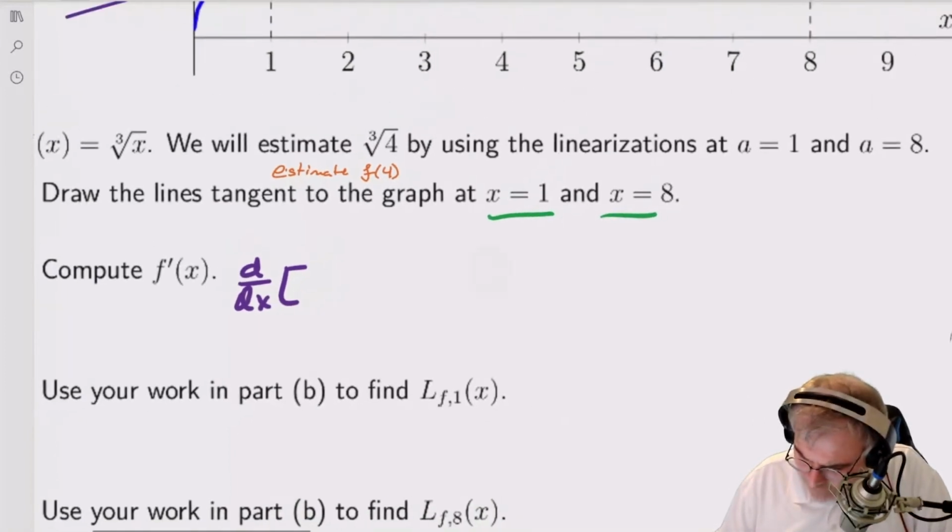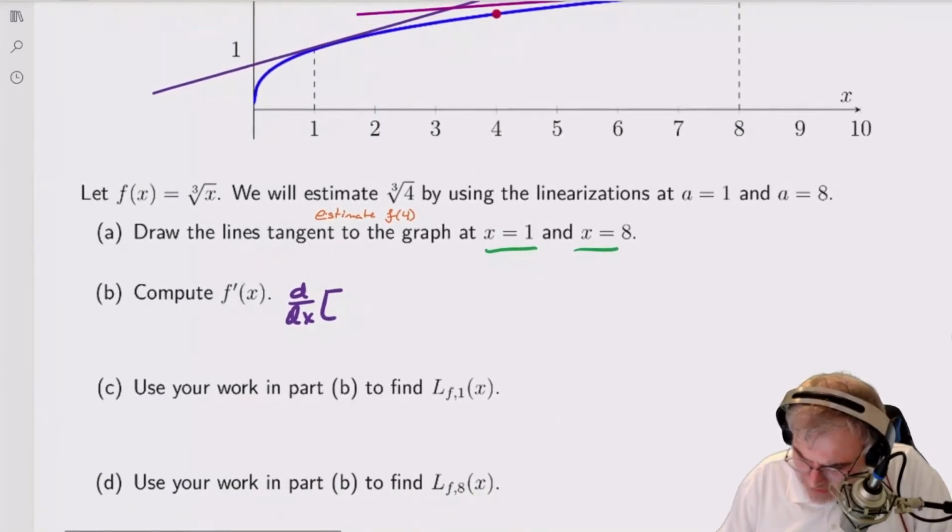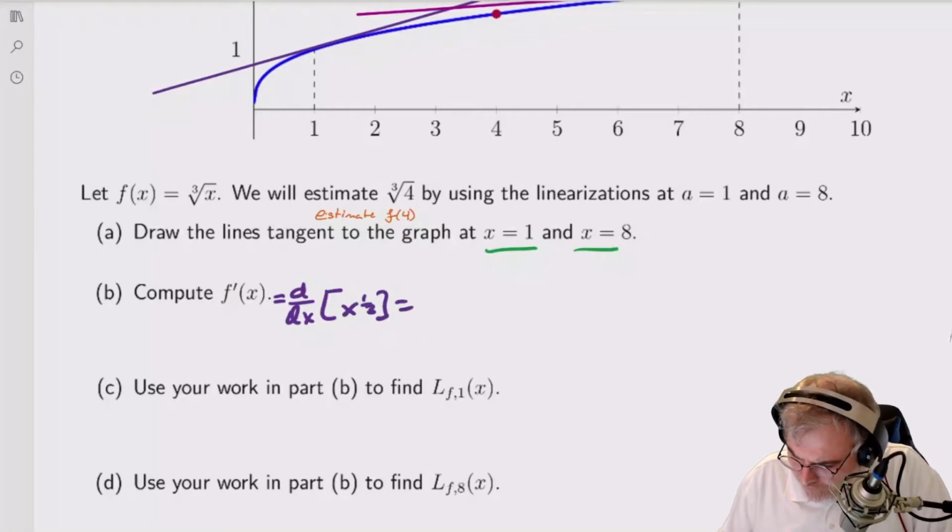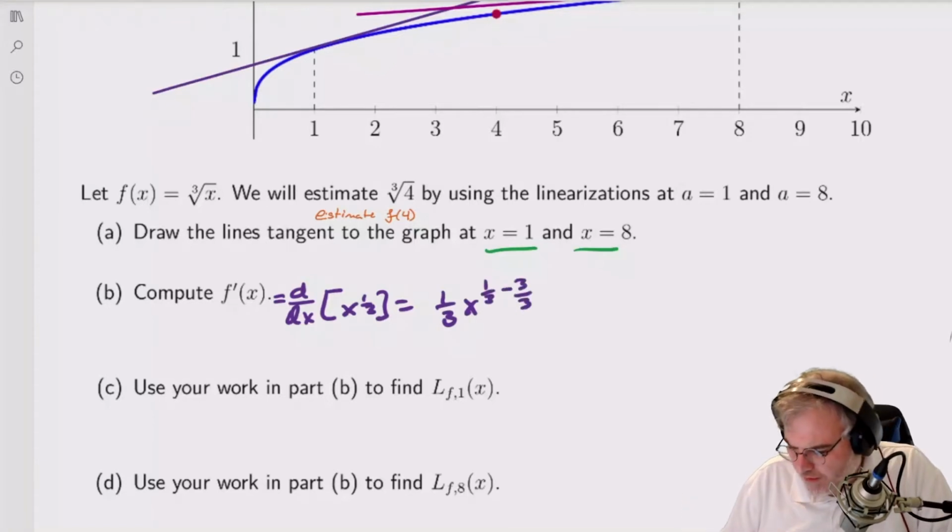So f of x equals the cube root of x. So we're taking the derivative of x to the 1 over 3, and that equals 1/3 x to the 1/3 minus 1, which gives me 1/3 x to the negative 2 over 3.